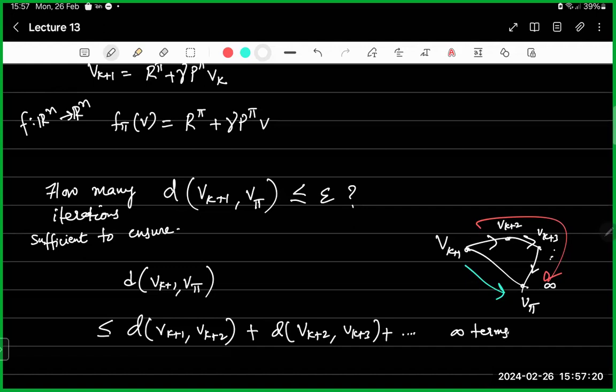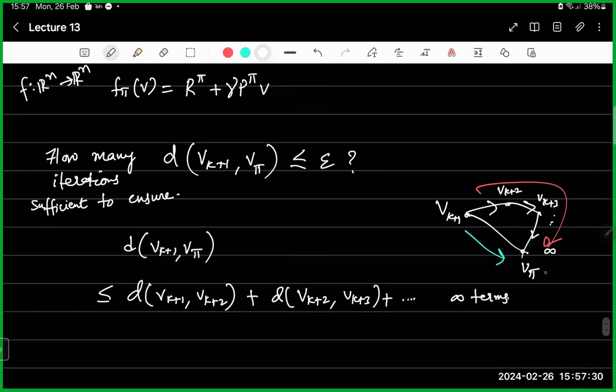Because that's the distance of the red path. I am just writing that the distance of the green path is less than the distance of the red path. This is because v k tends to v pi as k tends to infinity.